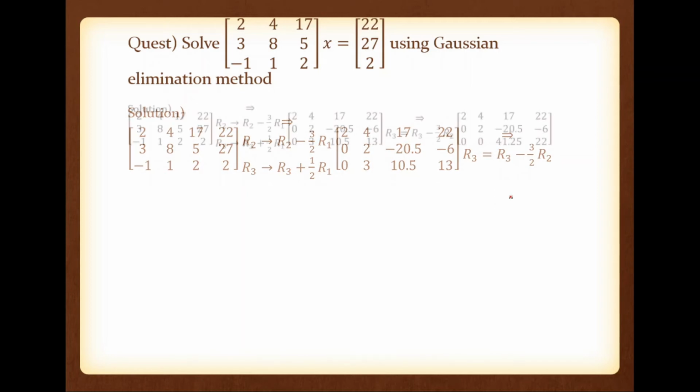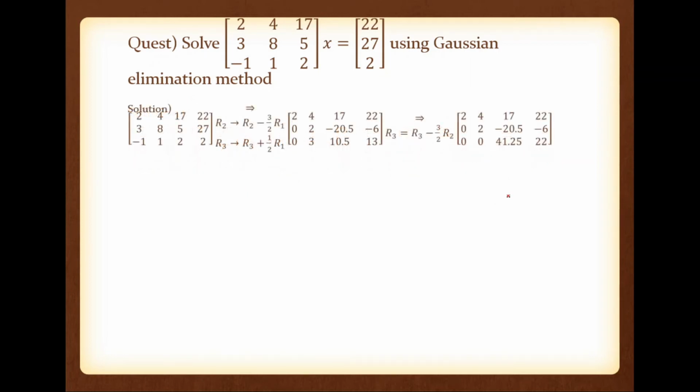So here the final augmented matrix is: the first two rows are not changed. What about the last row? 0 minus 3 by 2 into 0, so that is 0. 3 minus 3 by 2 into 2, so that is 0. 10.5 minus 3 by 2 into minus 20.5, okay, so it will become plus, so that is 41.25.